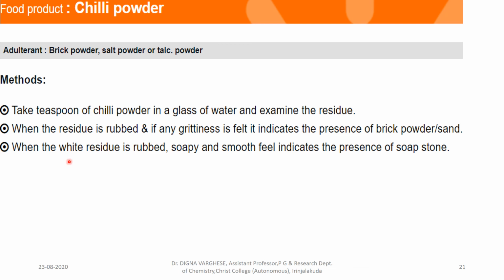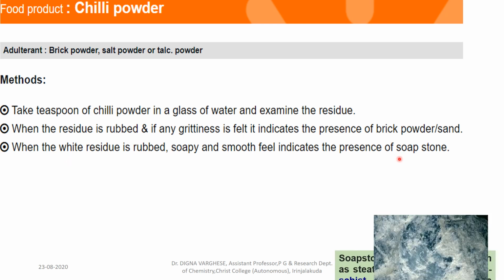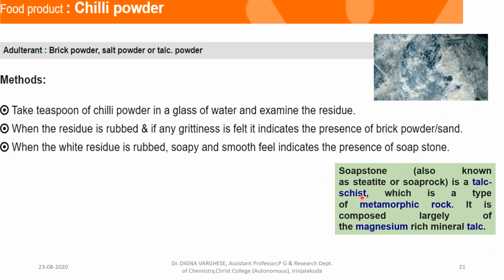When a white residue is obtained and rubbed, a soapy and smooth feel indicates the presence of soapstone. What is soapstone? Soapstone, also known as steatite or soap rock, is a talc schist, which is a type of metamorphic rock. It is composed largely of the magnesium rich mineral talc.